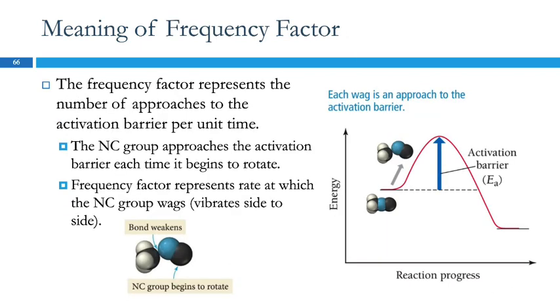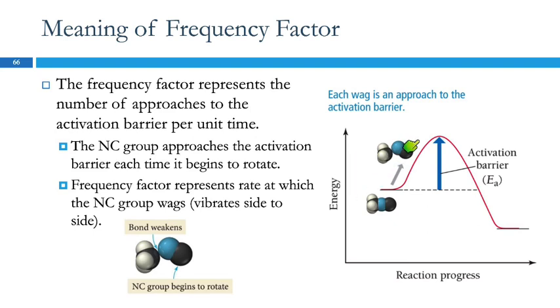So what about the frequency factor? The number of approaches per unit time. So for this particular reaction, this NC group begins to rotate. And they call it wagging, like a dog's tail, right? So it vibrates side to side, and the frequency factor is related to the rate at which it's wagging its tail.